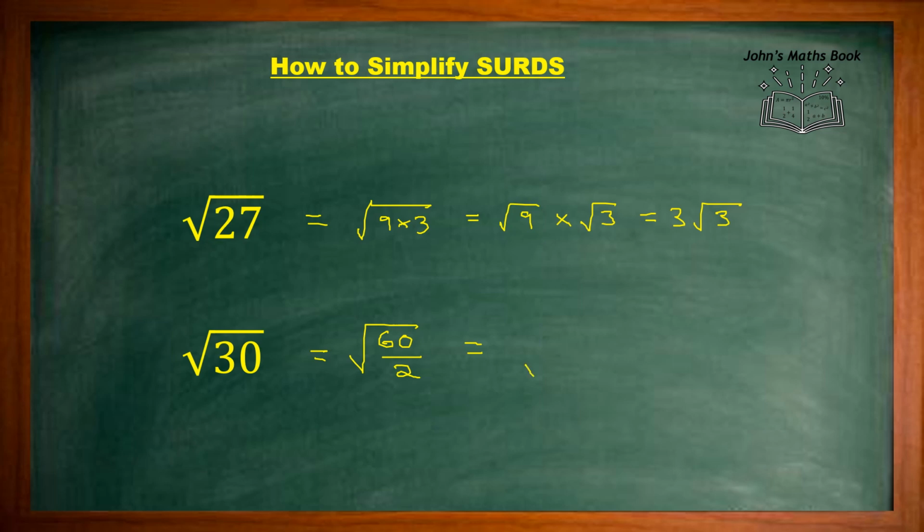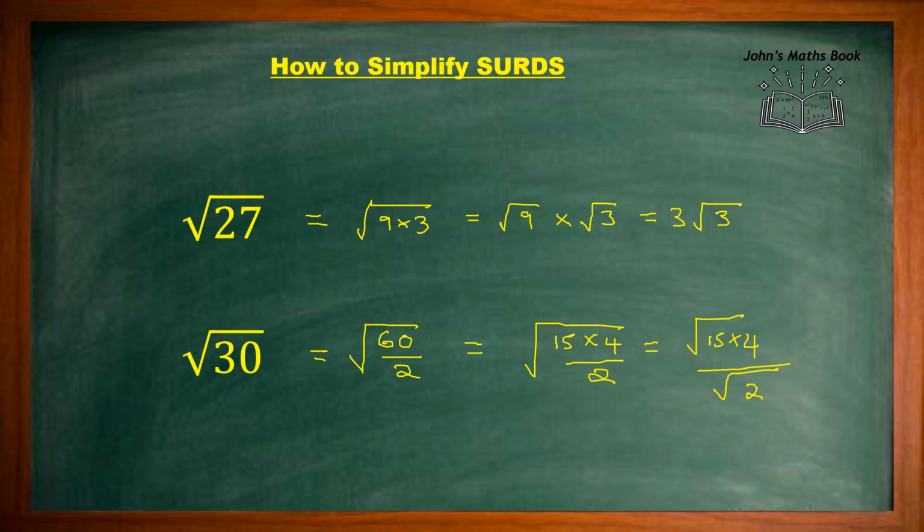So we can write this as the square root of 15 times 4 divided by 2. And as we can see, with division, we can now break this up as the square root of 15 times 4 divided by the square root of 2.